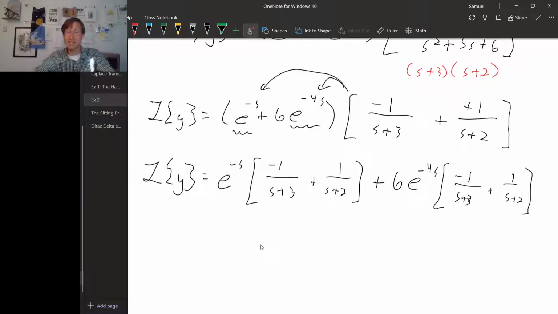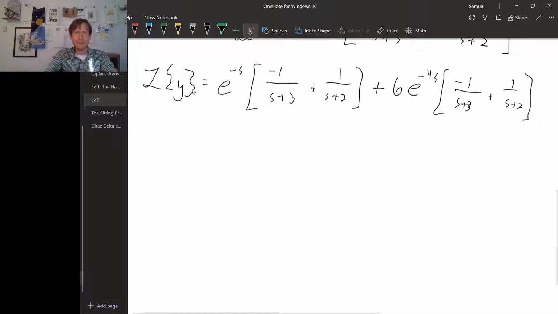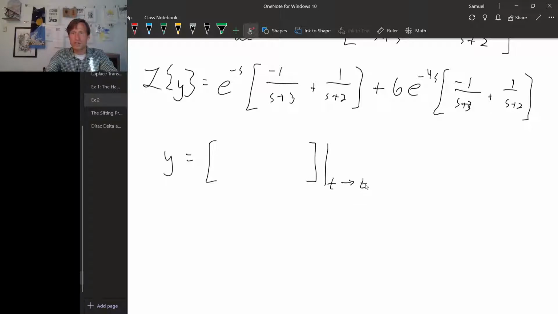Okay, now we can take an inverse transform. I'm going to skip a step in the inverse transform and immediately write down these exponentials in s as a shift in time. So this first piece, time is going to be shifted by 1, times u of t minus 1.